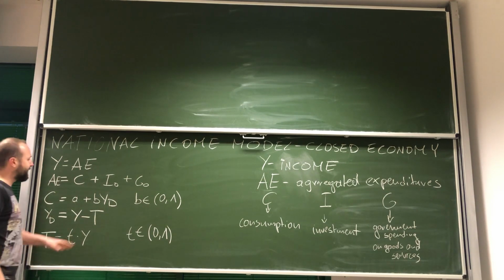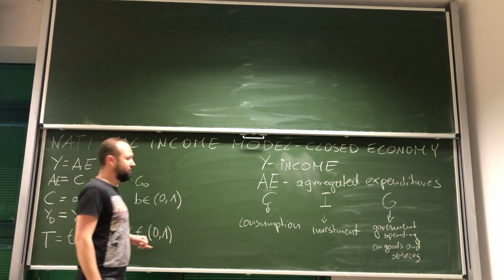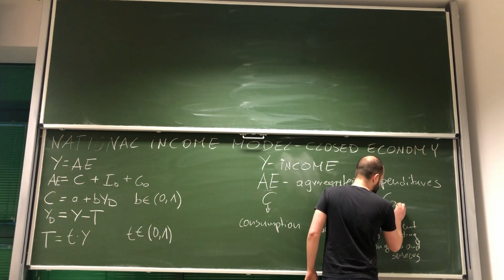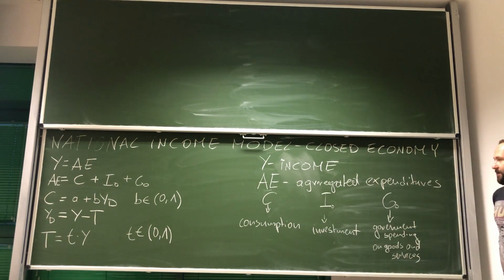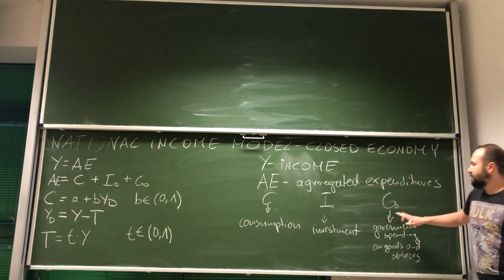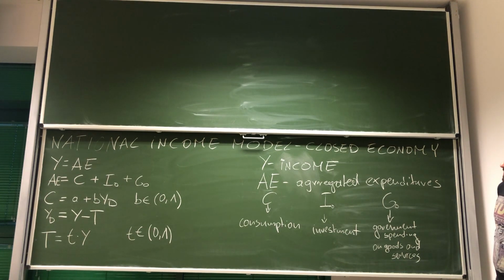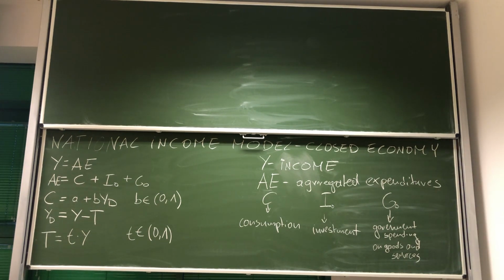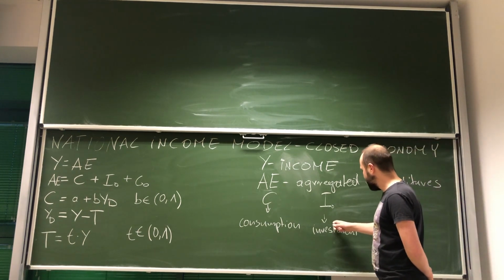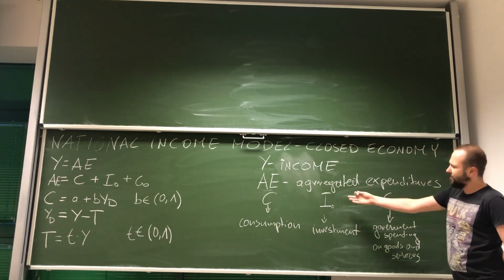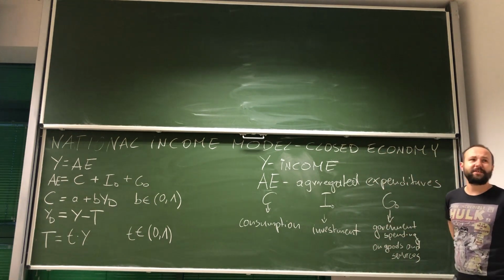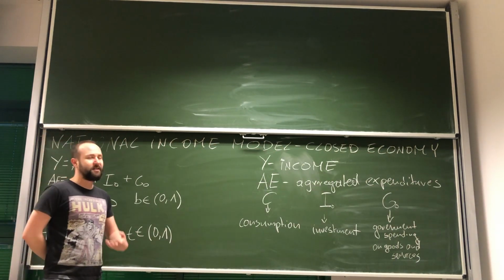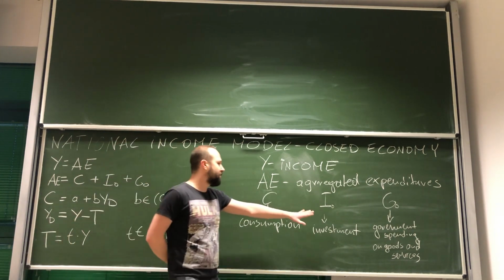And look, as you can see, I added two zeros next to investment and government spending. Those zeros denote the fact that we will treat those two variables as exogenous. So this is exogenous investment, or, the term that is more familiar in the context of macroeconomics, autonomous investment.